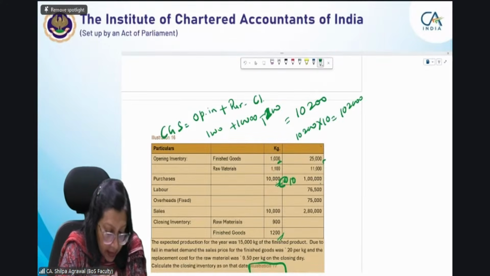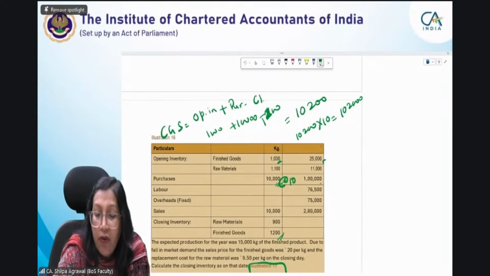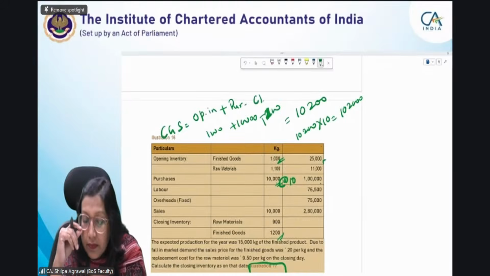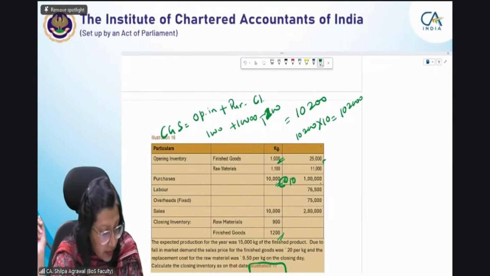Because we are calculating cost of purchase of 200, 1,000 units were already there. You are right, it is 9,800. Agreed. But just a minute, I have to see where we are going wrong then.